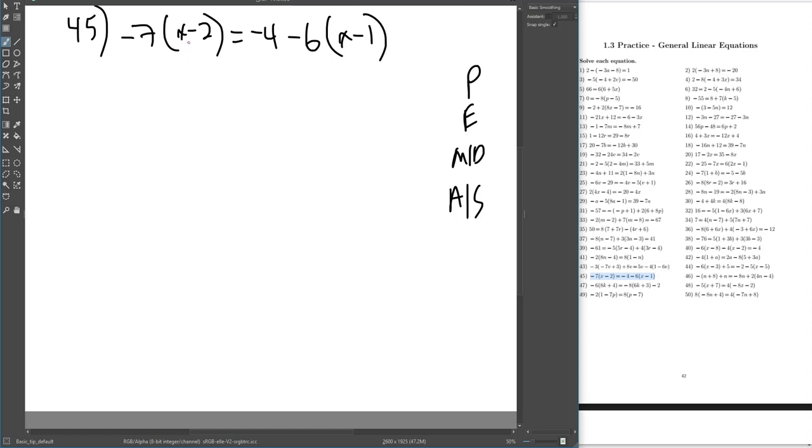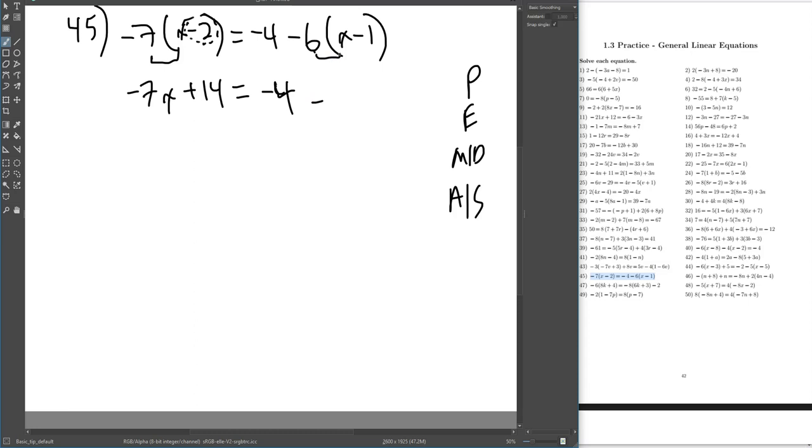Maybe they should throw a little curveball in there once in a while just to mess with us. Anyways, so minus 7 times x equals minus 7x. Minus 7 times minus 2 here equals 14, right? 2 negatives equals a positive. And that equals minus 4. We leave that one alone.